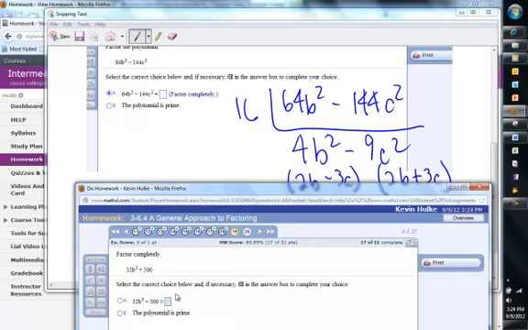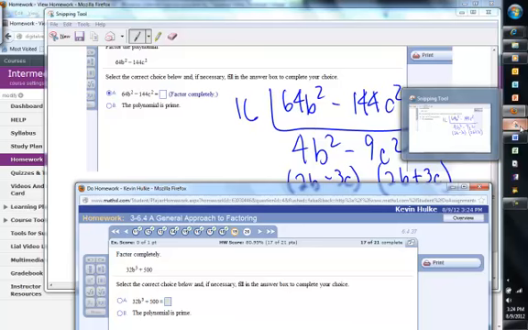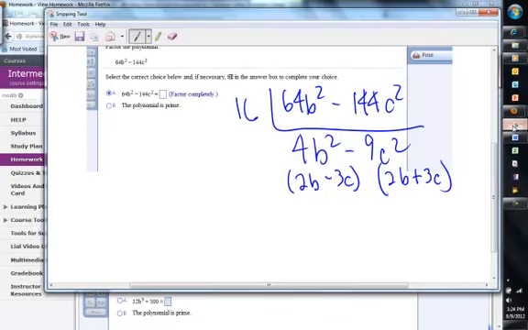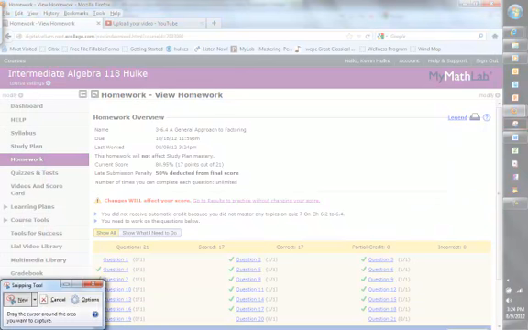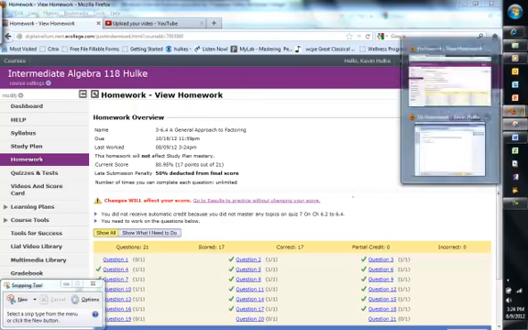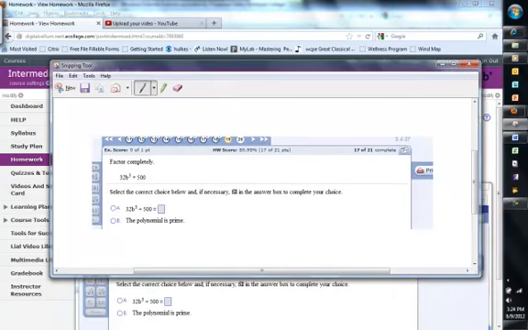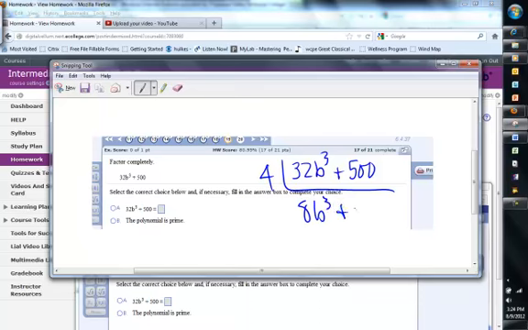Number 19, 32b cubed plus 500. I was going to say that doesn't look factorable, and they probably want it to be. Okay, so if we take 32b cubed plus 500, let's take a 4 out of everything, and we have 8b cubed plus 125.